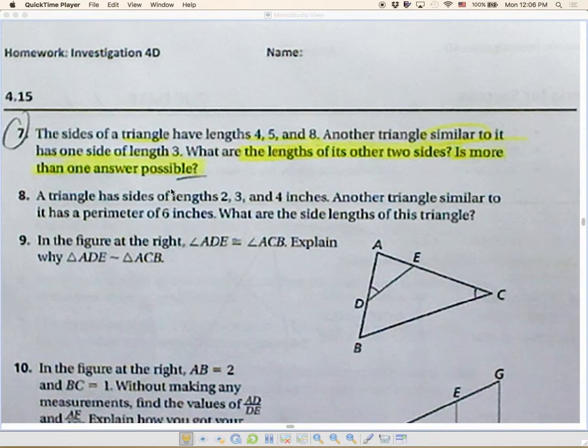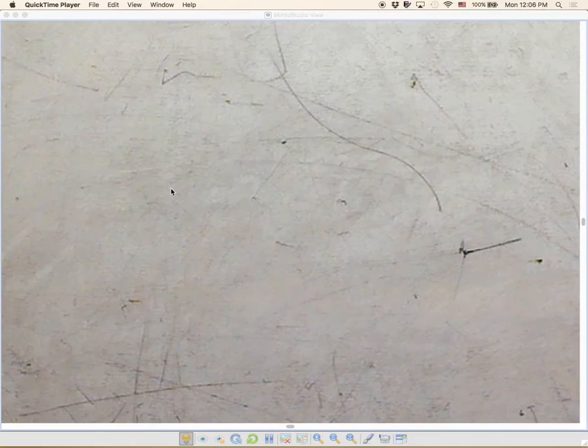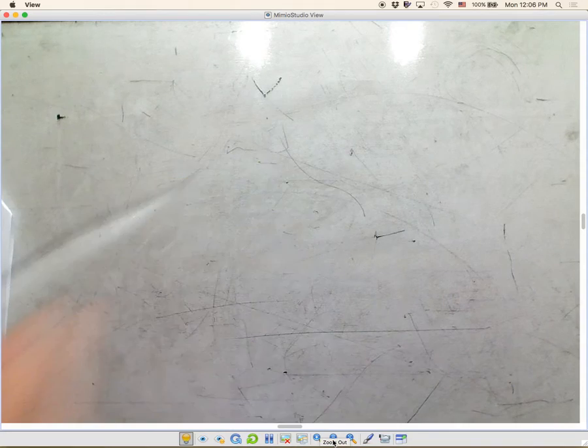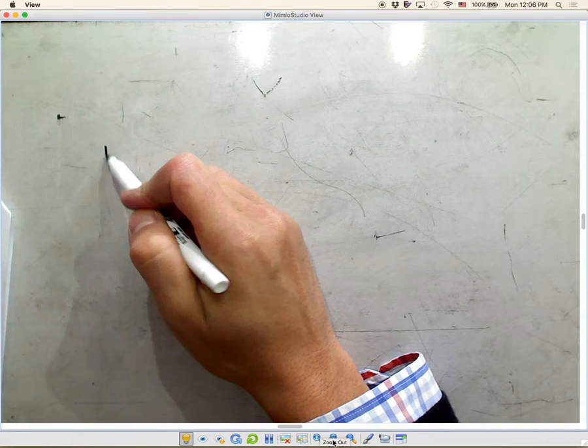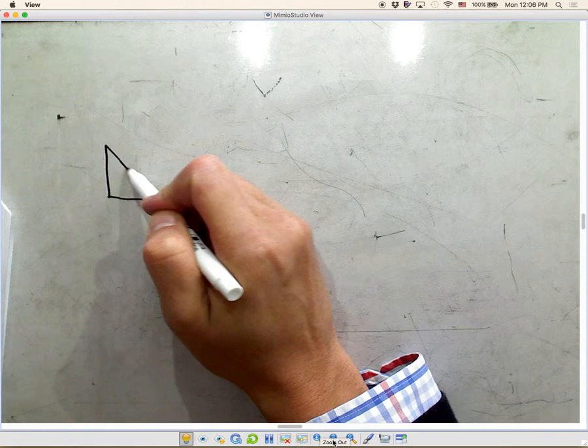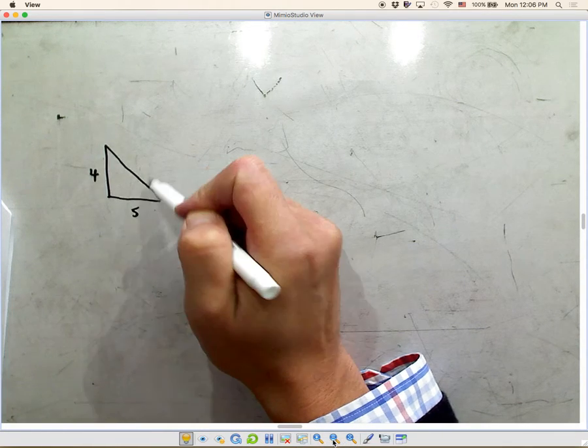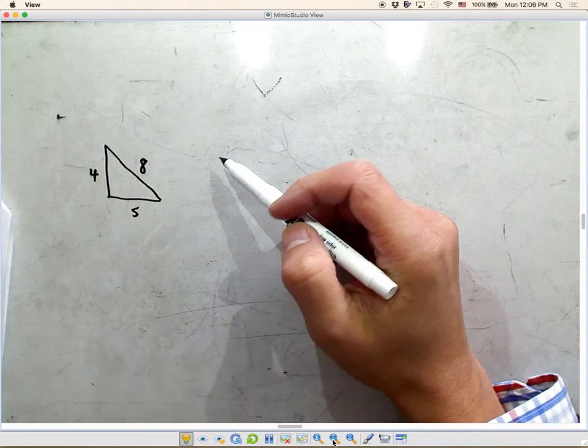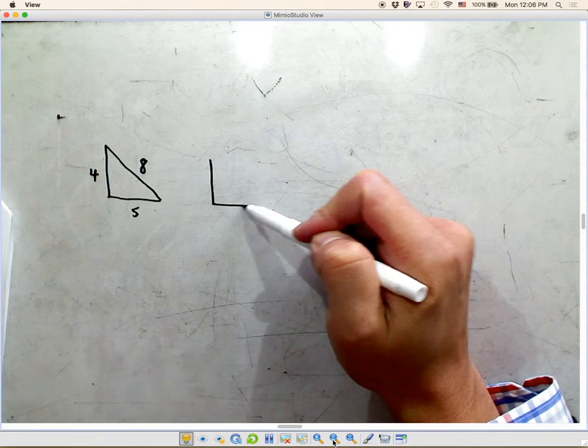One good thing to do to approach a problem is to draw. So let's draw a figure. We have a triangle with sides 4, 5, and 8. We have another triangle that is similar.